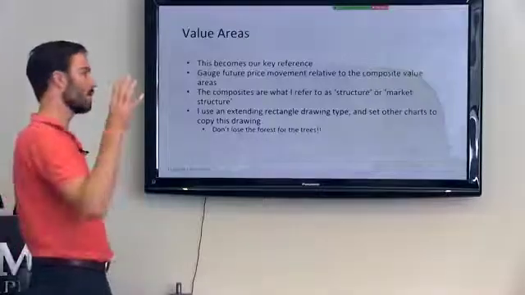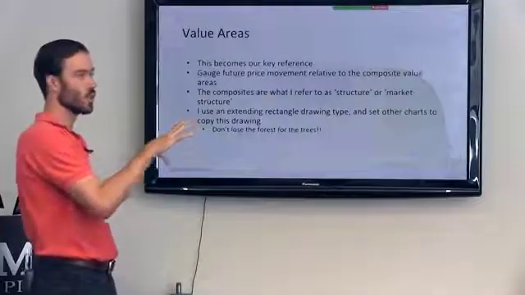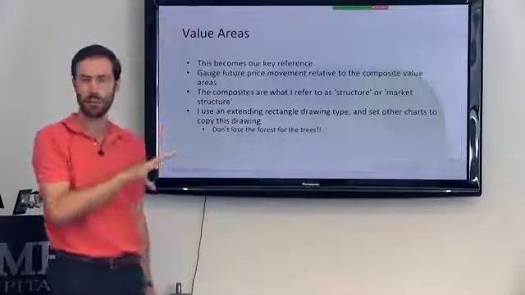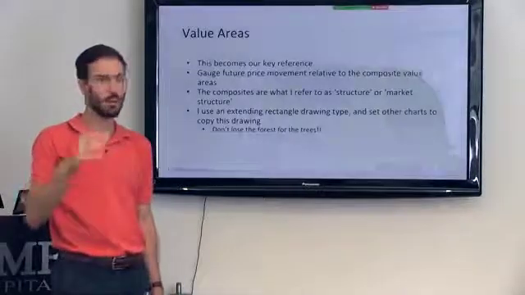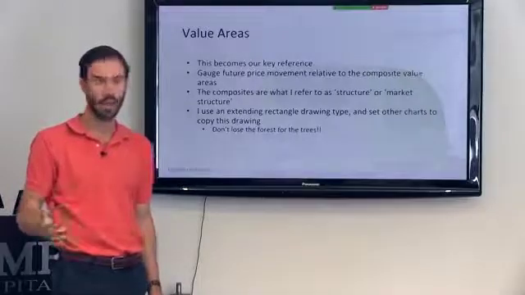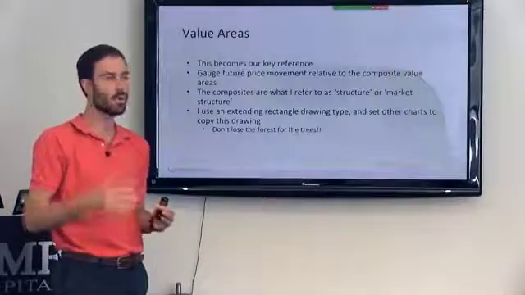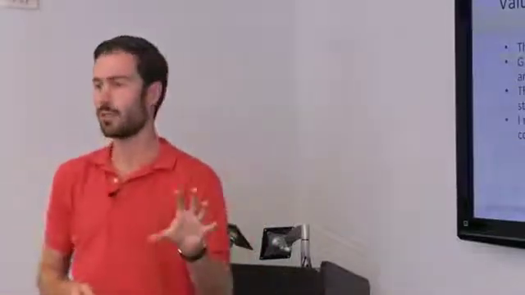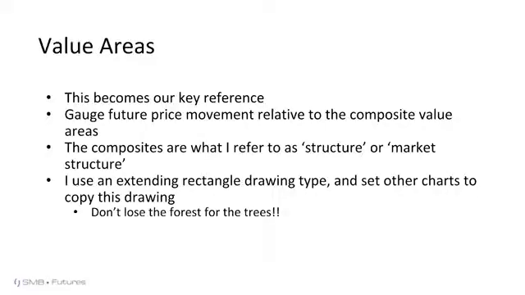If we've got a 3-day composite, we're going to gauge where we're opening relative to that composite value, where we're trading above or below that composite value, are we rejecting it, are we accepting and holding inside it, what are we doing relative to our composite structure value area. Ultimately, this becomes fairly simple.